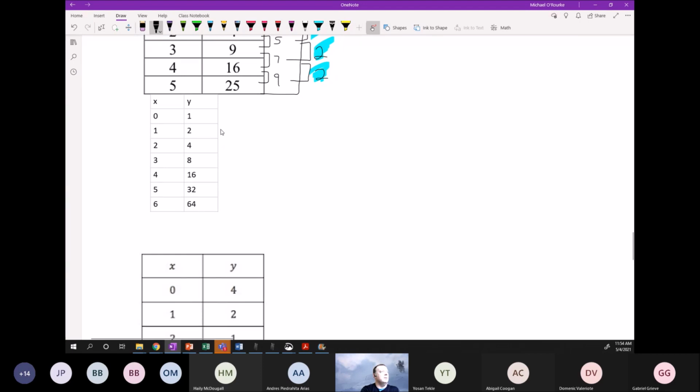Let's redo this: 1, 2, 4, 8, 16, 32. First differences, are they equal? Yes or no? No. So let's try second differences.